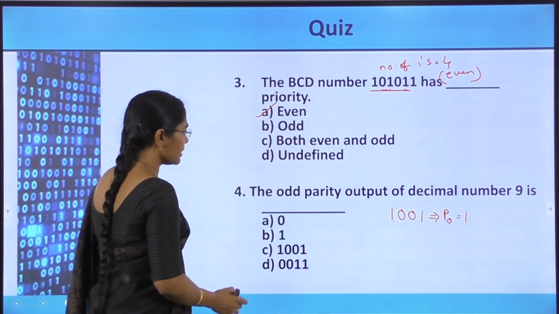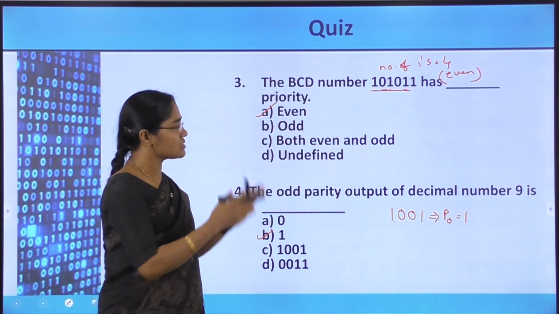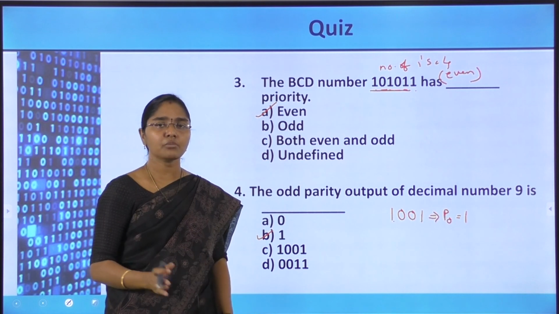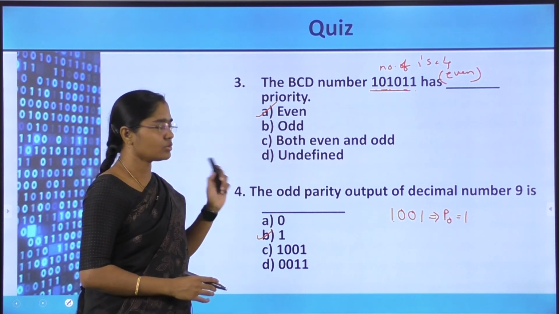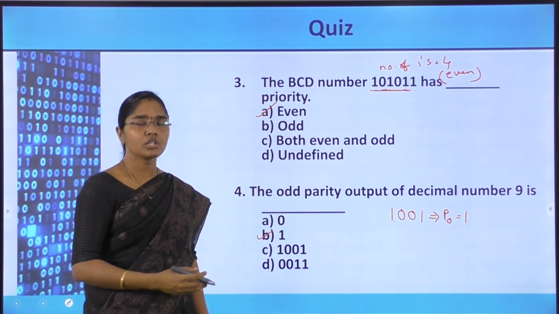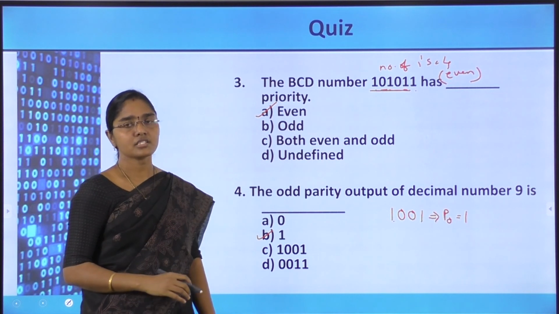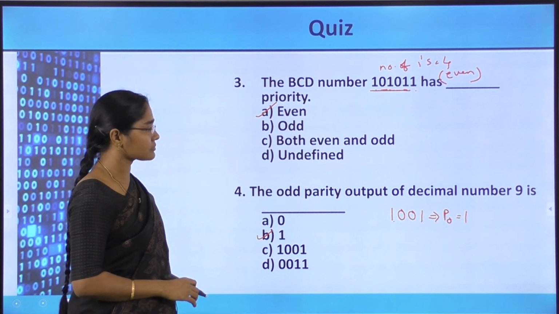So the odd parity bit is simply 1. Like this, you can solve any number of quiz questions to get a better understanding. I hope with this small quiz you understood both parity generators and checkers.